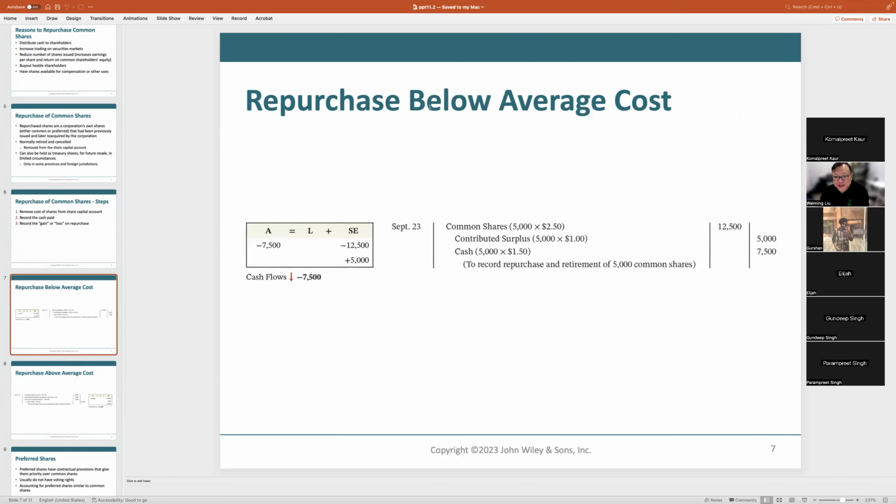So this is what we talk about. If you repurchase below the average cost, okay, and then what does it look like? So in this scenario, you can see that, let me see, to record a repurchase retirement of 5,000 common shares.